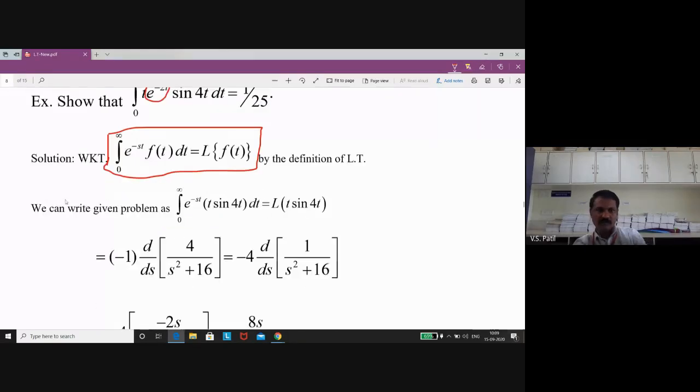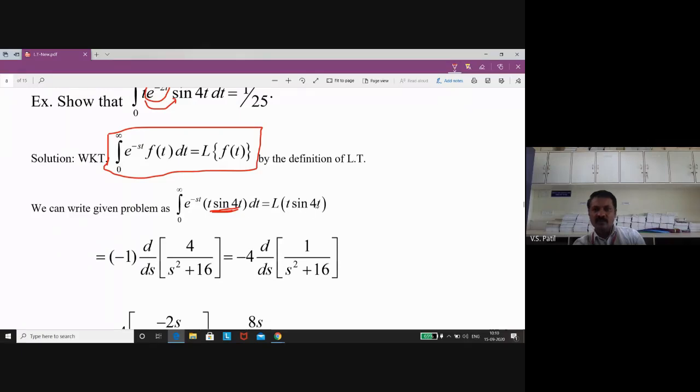Okay. Next, we can rewrite the given example as the integral from 0 to infinity; I will make a group of these two terms, that is t into sine 4t, into e to the power minus st. Now, this quantity is your f of t. By using the basic definition, you can write this as L of f of t, that is L of t sine 4t.